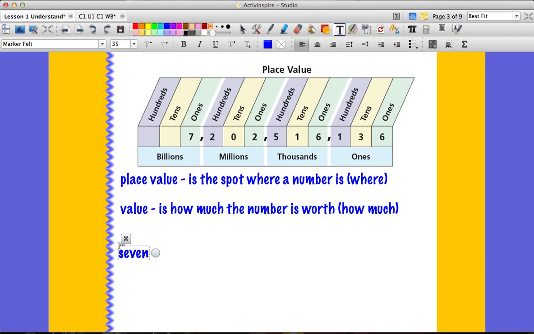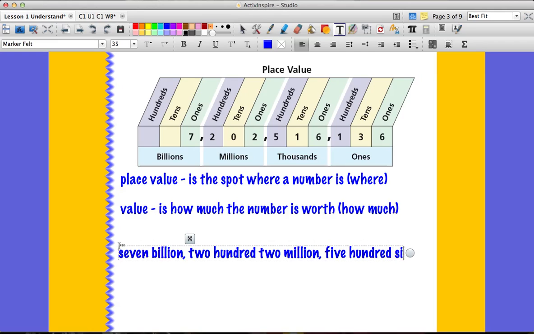Okay, so we have 7 billion, 202 million, 516,000, 136. Notice there are no ands in there.